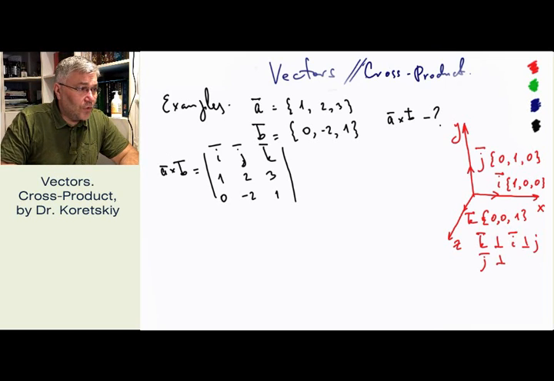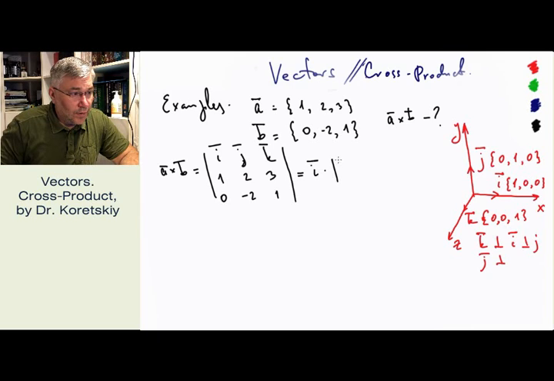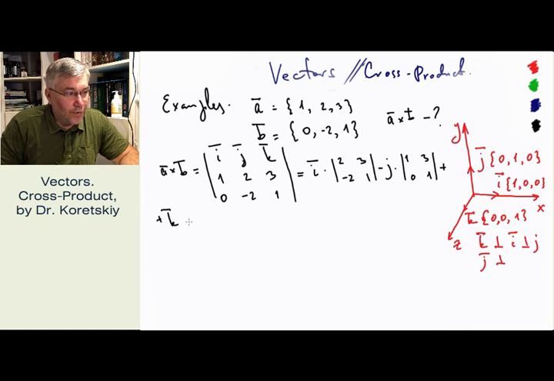So if we use here the direct rule of the determinants calculation, we have i times the determinant 2, 3, -2, 1, minus j times the determinant 1, 3, 0, 1, plus k times the determinant 1, 2, 0, -2. In our Russian tradition, we put plus here and plus here.